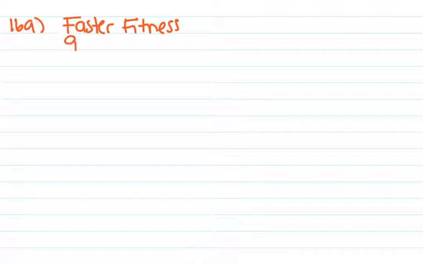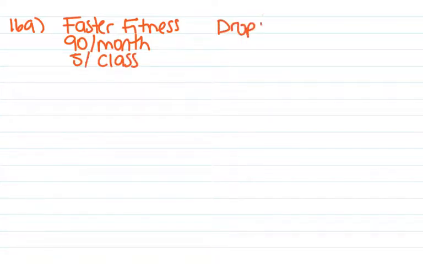So this is 6A. I'm just going to write down what I know. Faster Fitness: $90 per month and $5 per class. Drop-In Fitness is just $10 per class.